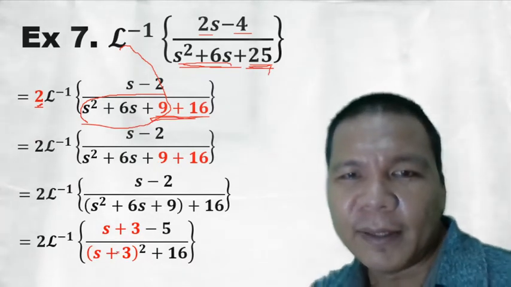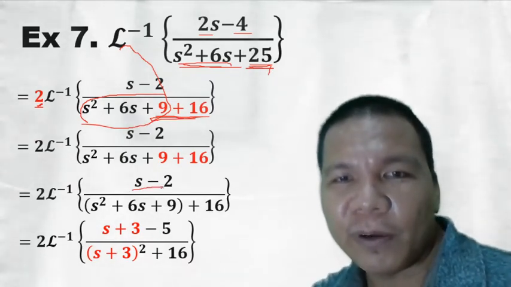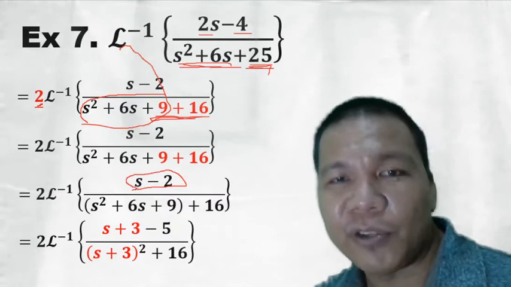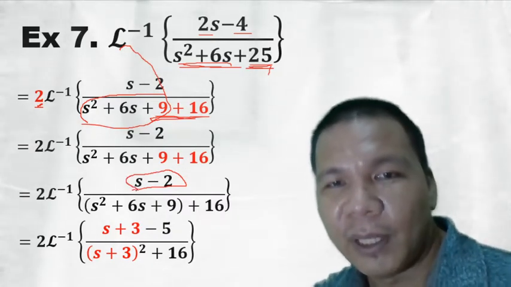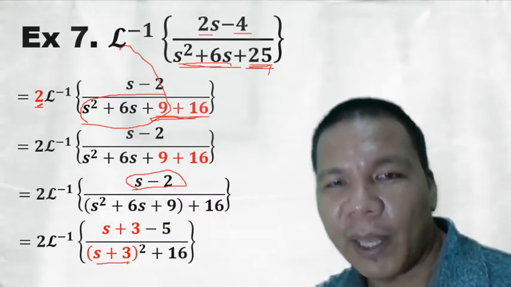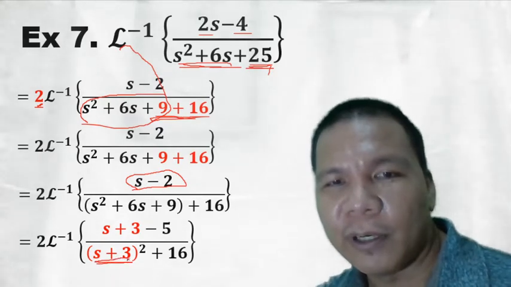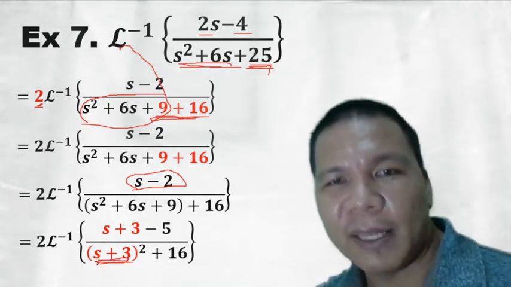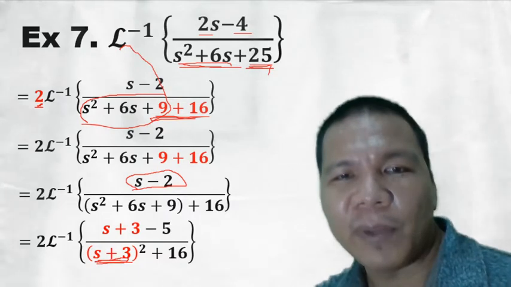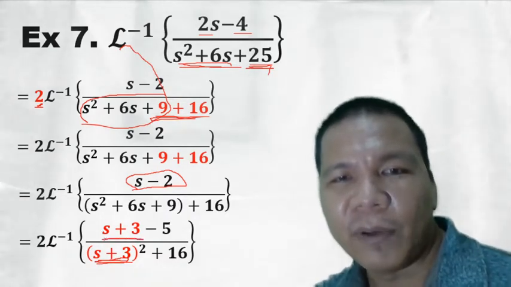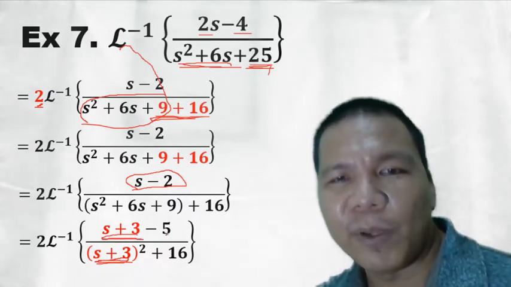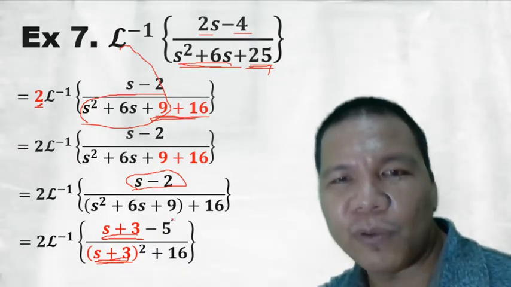Now, what are we going to do with your numerator? Take note, your numerator here is initially s minus 2. Our goal here is to make your numerator s plus 3. To make that numerator s plus 3, we need to add 3 here and then we subtract 5. Why do we need to subtract 5?